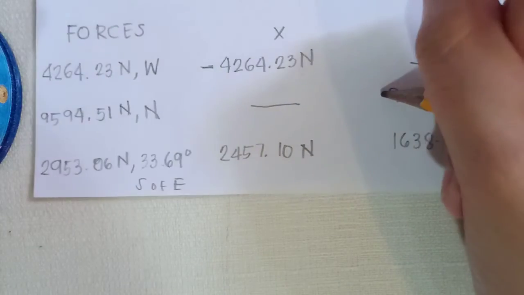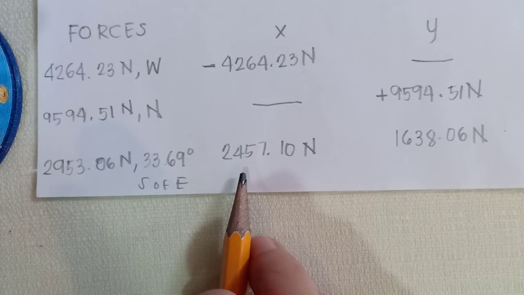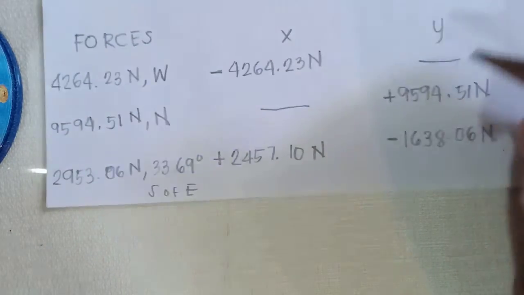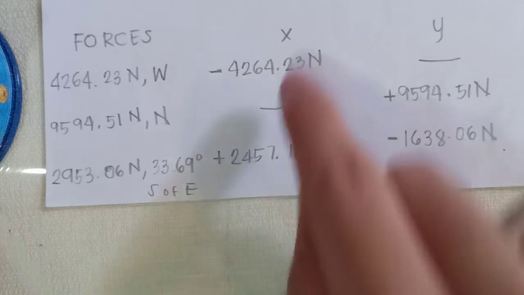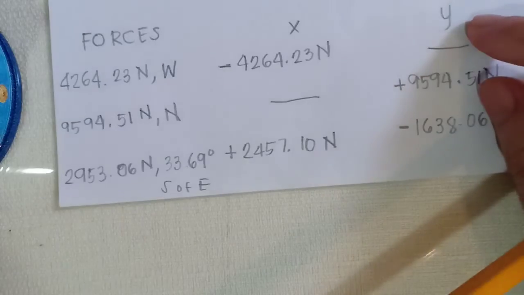North, positive. South of east: east is x, so positive. Then south, negative.